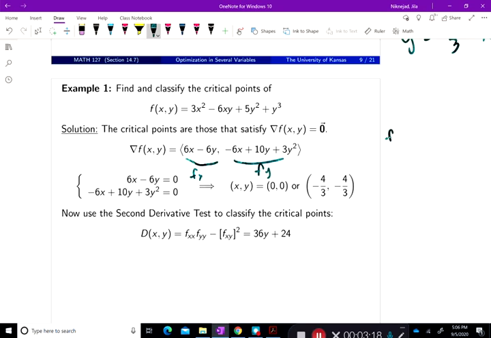So f sub xx is going to be equal to 6. F sub xy is going to be negative 6. F sub yy is going to be equal to, let's see, 10 plus 6y.